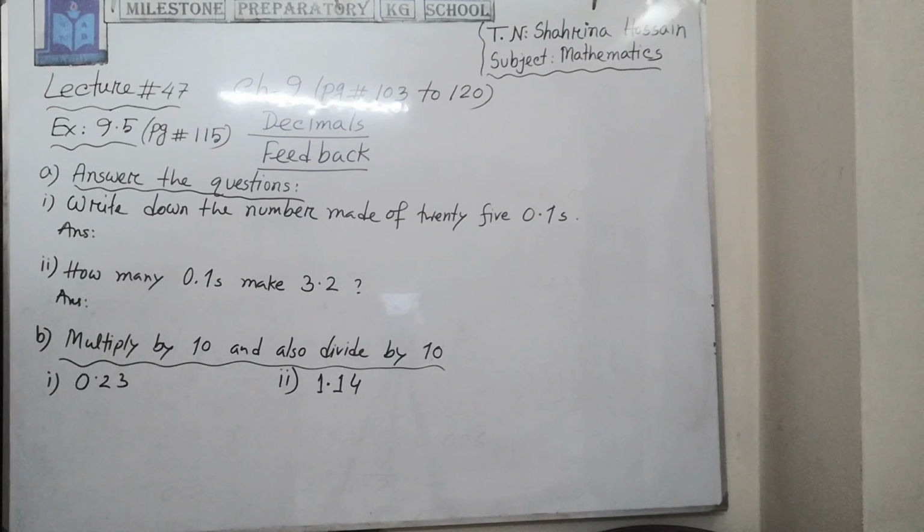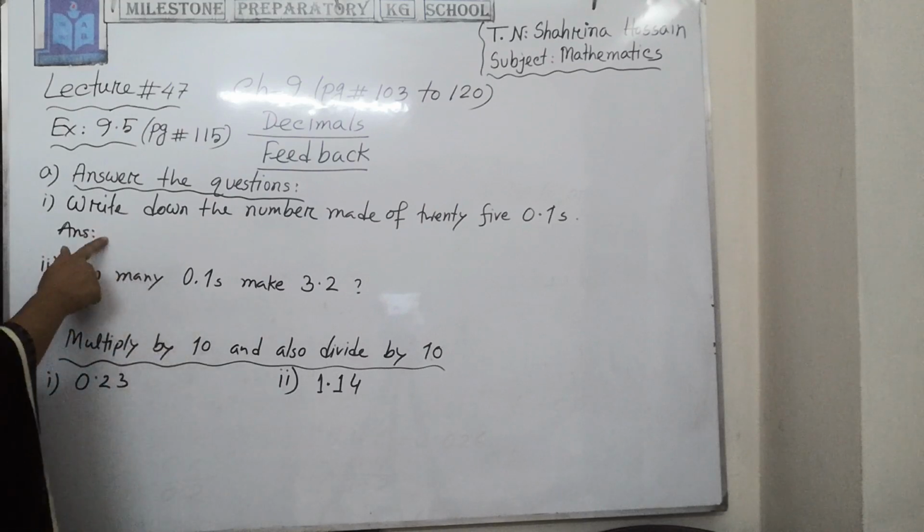And number 2, how many 0.1s make 3.2? And number B, multiply by 10 and also divide by 10. That means multiplication and division by 10 of the same number. So how can you do this first one? You will follow the previous lesson, page number 114, whatever we had done, you just follow that one.